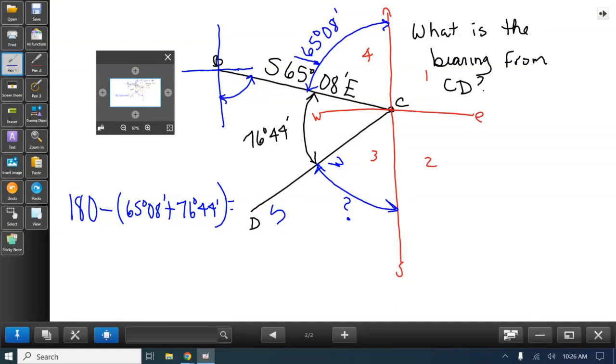If it's exactly on the line, like 90 degrees or 180 or 270 or 360, how do you mark it, southeast or northwest?